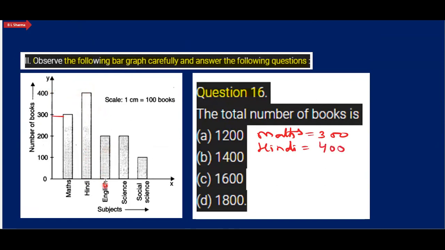And then English, this is English. English books are 200. And then science, science is also 200. And then social science is 100.